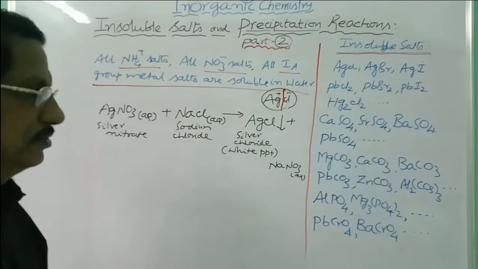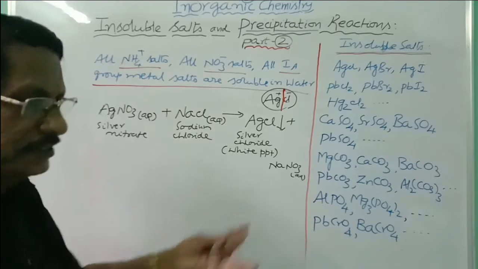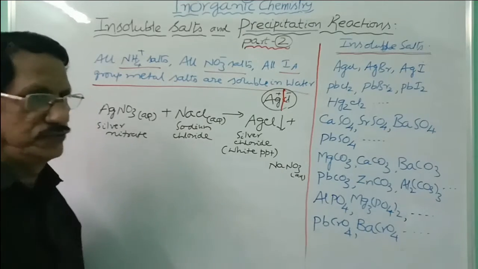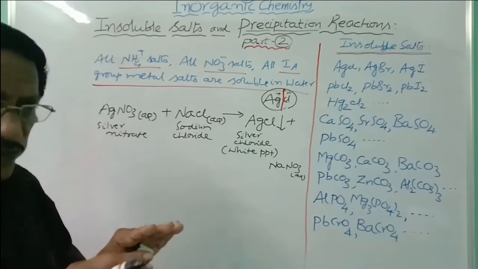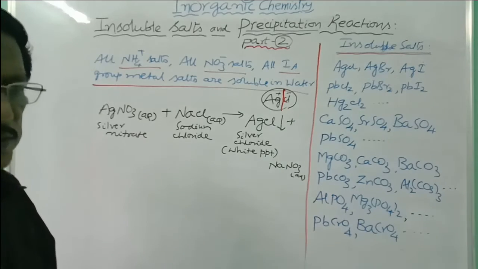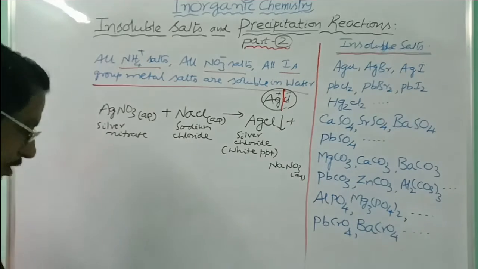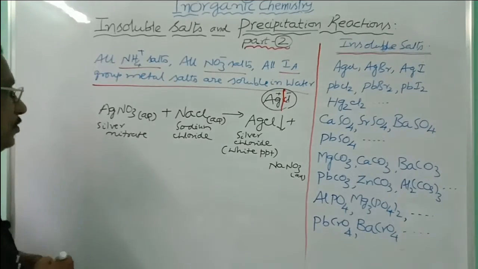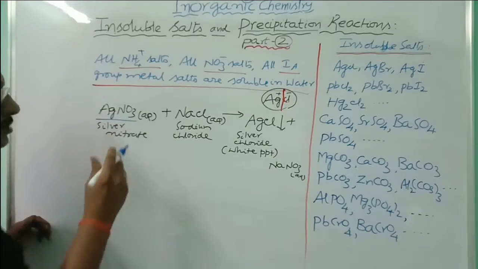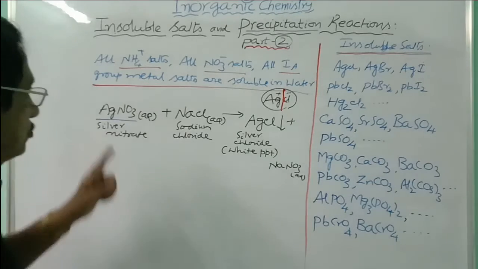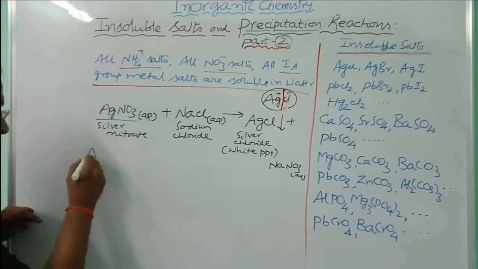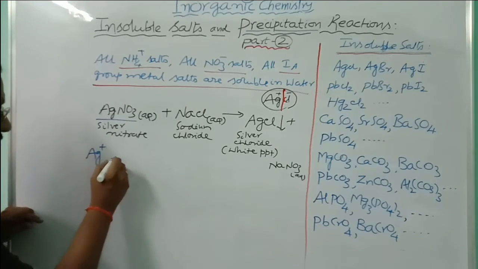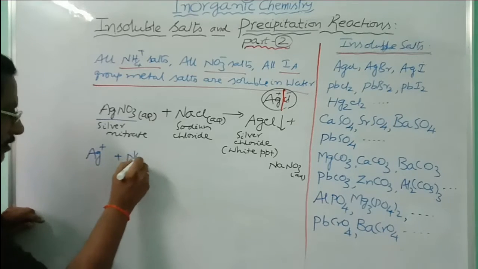Because it is completely soluble in water, all the sodium salts and all the nitrate salts are soluble, it is present in solution form. And for convenience, in what way can you analyze this? As I previously informed you, every soluble salt will be in the form of ions. So silver nitrate will be in the form of Ag plus, NO3 minus.